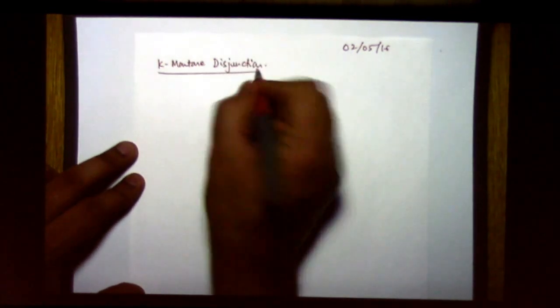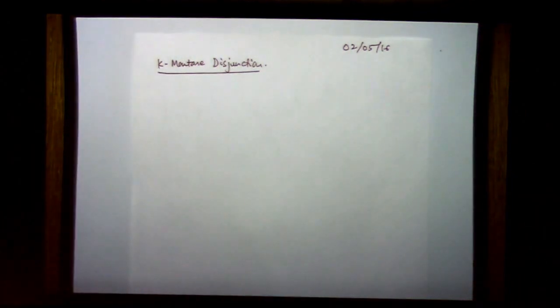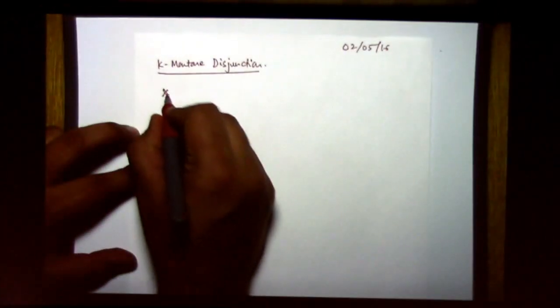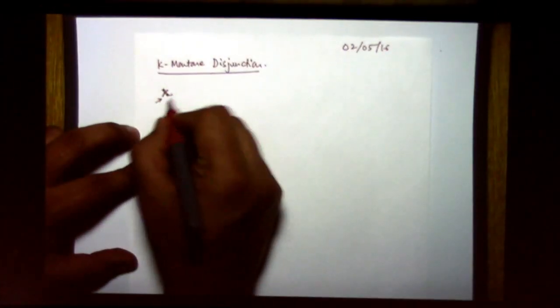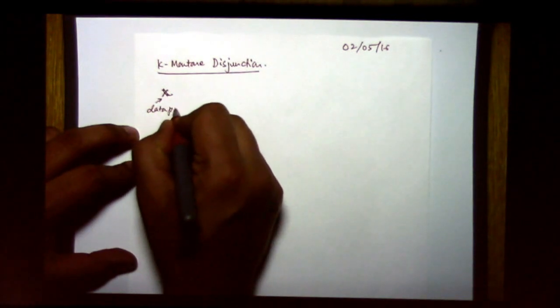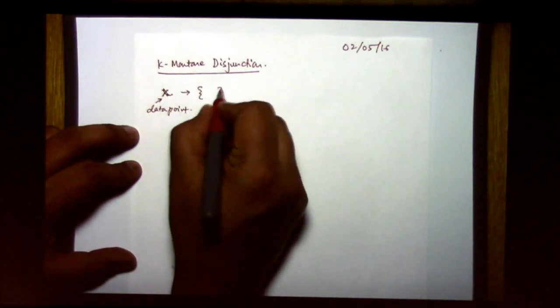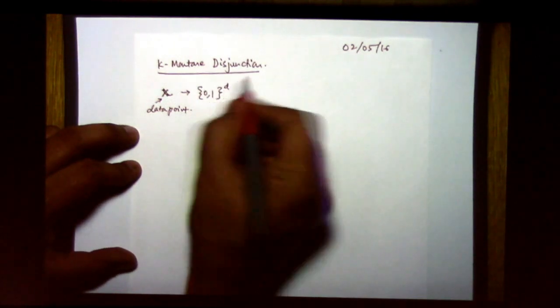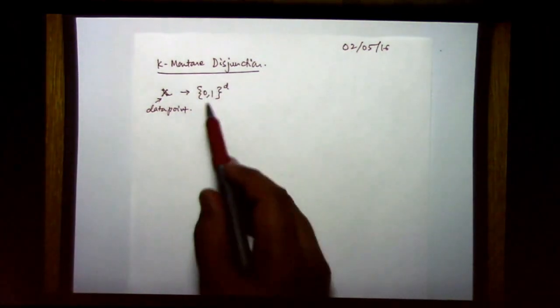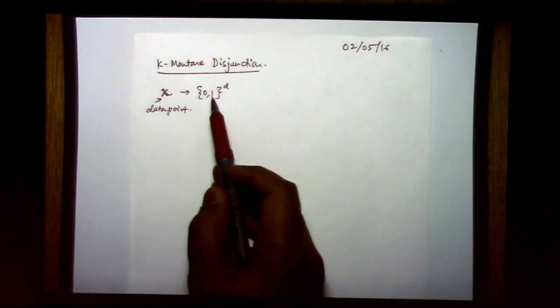We are still dealing with binary data, which means that your data point x, a small x, is a data point or instance or example. This is a mathematical way of saying that it has d binary attributes, right? {0, 1} raised to power d. It's a set. It can take either 0 or 1, and there are d such values.